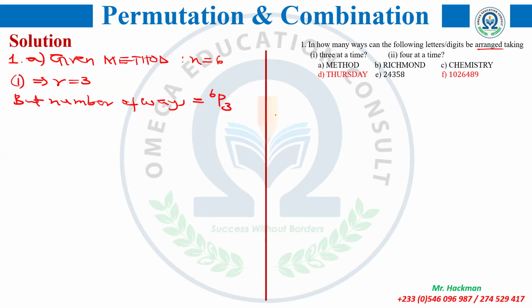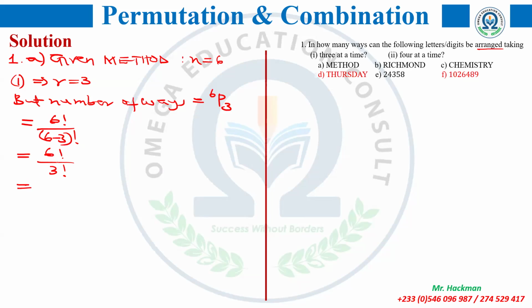So 6 permutation 3. We know how to deal with this one. By definition, this will give us 6 factorial over 6 minus 3 factorial. So the next step comes down. You can see that I'm not writing more than one equal sign on the same line. So this gives us 6 factorial over 6 minus 3 is 3, so 3 factorial.